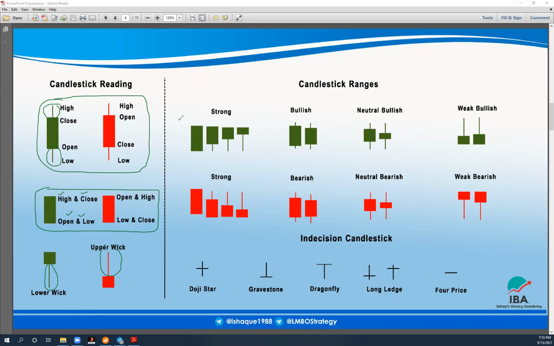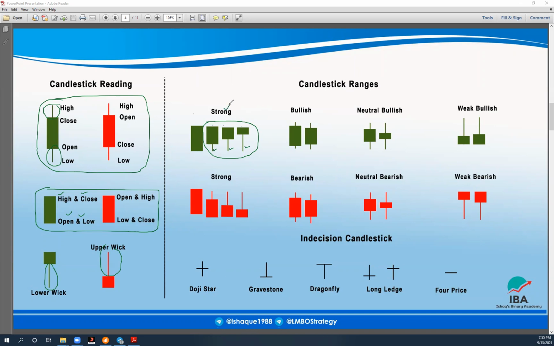How do we understand candle strength and weakness? Just with the shape, not with the volume. When there is a lower wick in the green candle and there is no upper wick on the green candle, it makes a strong candle.